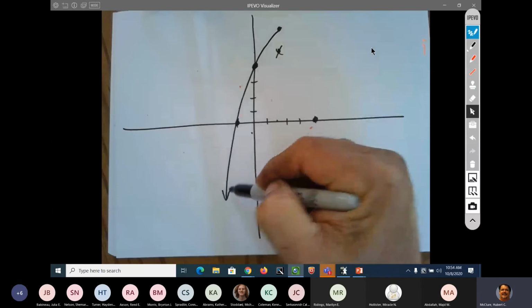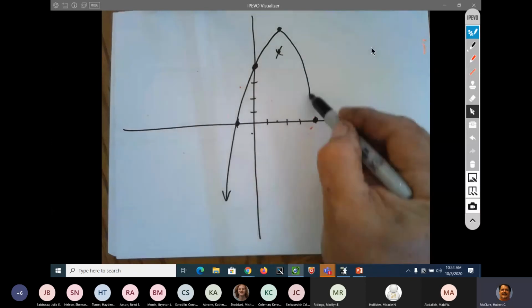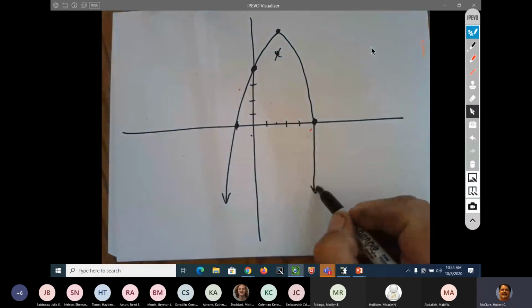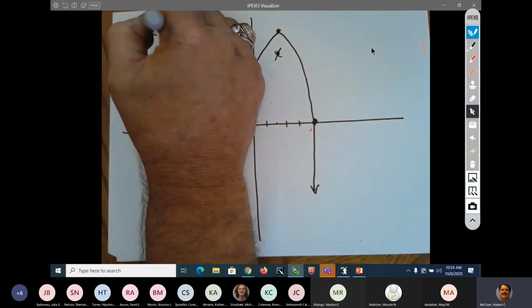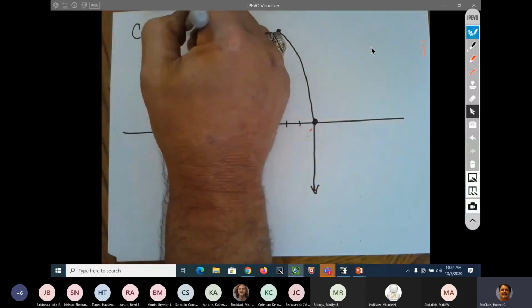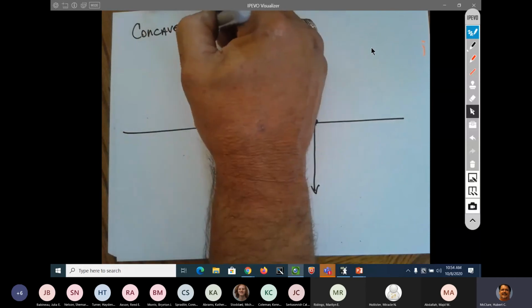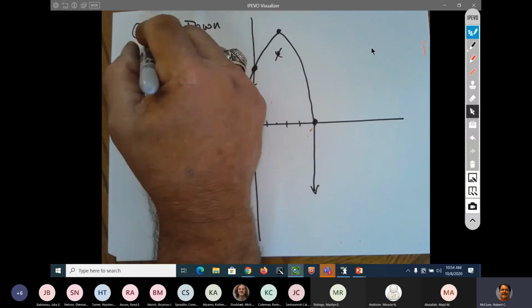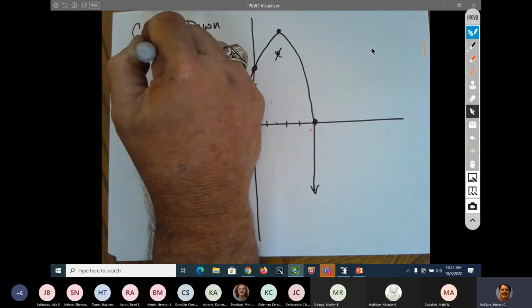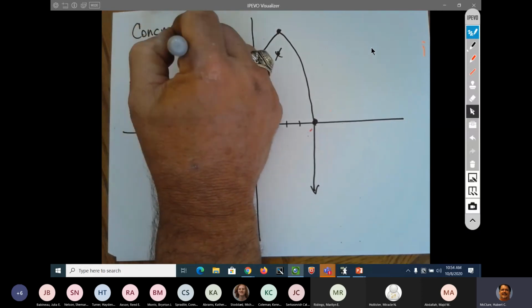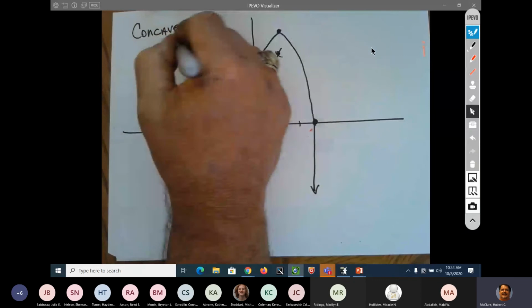Oh my gosh. What is this parabola doing? It's concave down. The reason it's concave down is because A is negative.